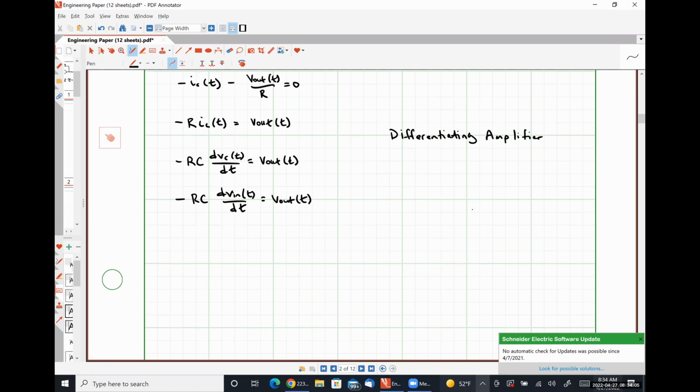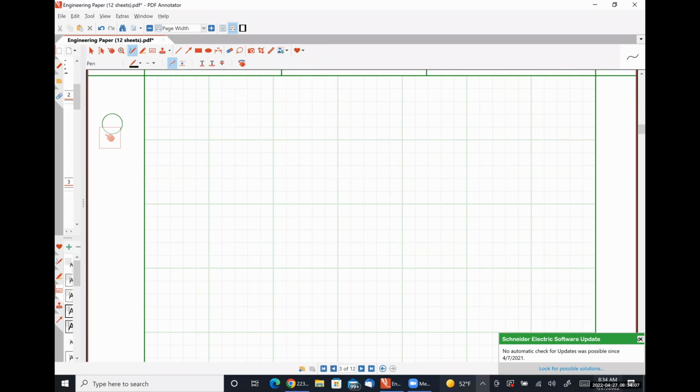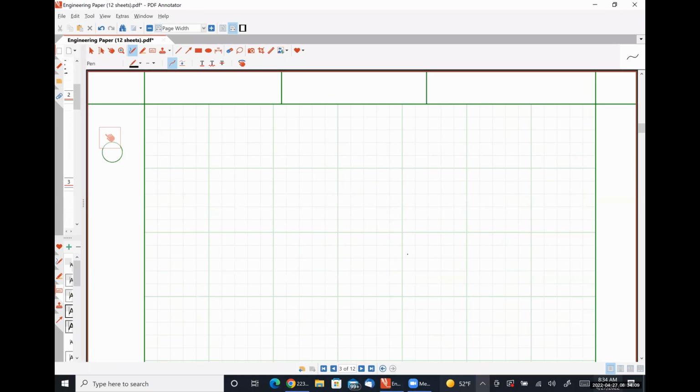And our last circuit that we are going to analyze is then the integrating amplifier, which is effectively identical to the last one, except that we switch the position of the capacitor and the resistor.